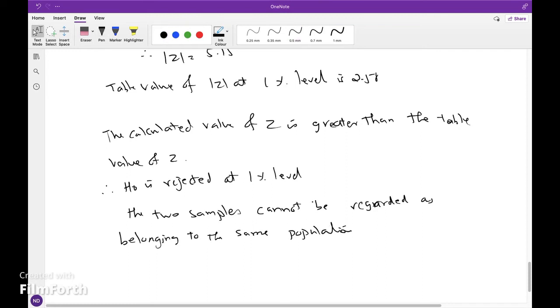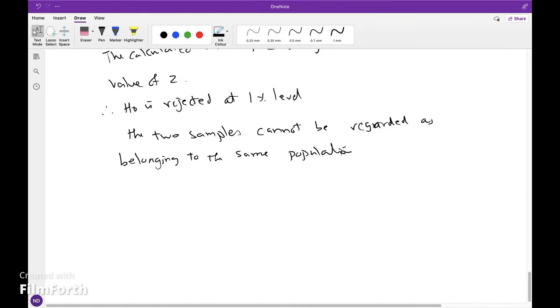So in example 1, two different standard deviations were given. In example 2, a single standard deviation was given. Another example.